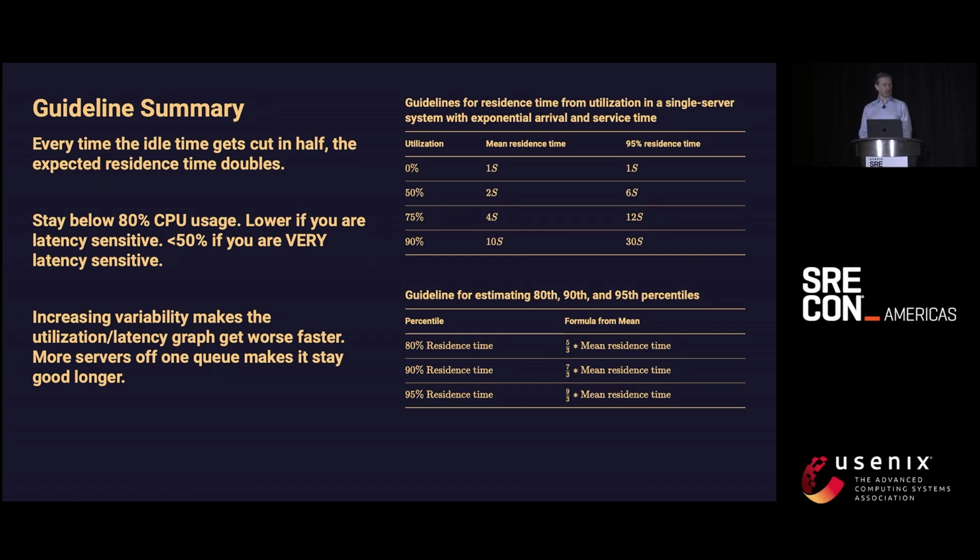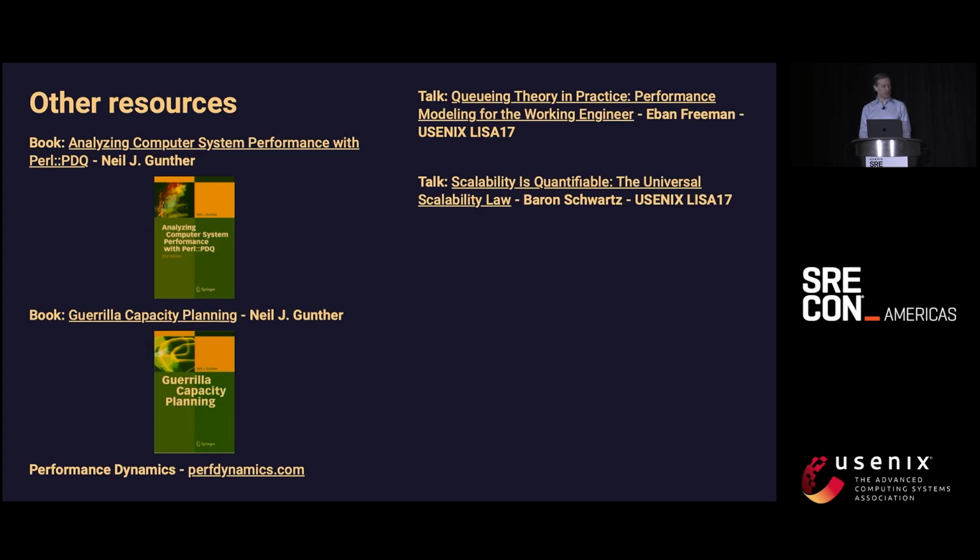Lower if you're latency sensitive, and 50% is good if you are especially latency sensitive. And then increasing variability makes that utilization latency graph get worse. Doing more servers off of one queue makes it get better. So those are things to consider, and just some resources at the end.